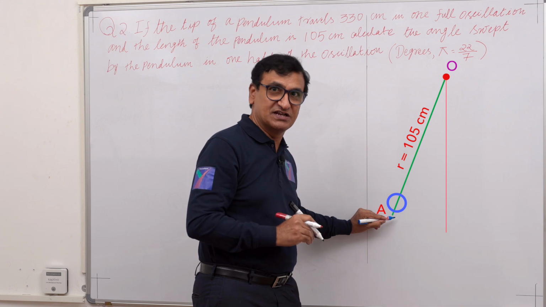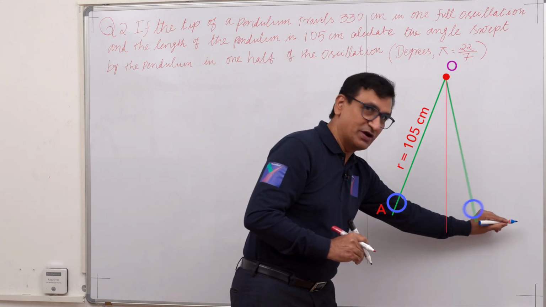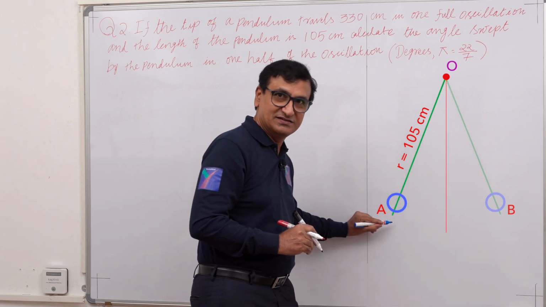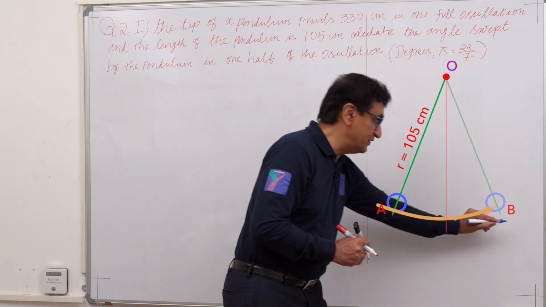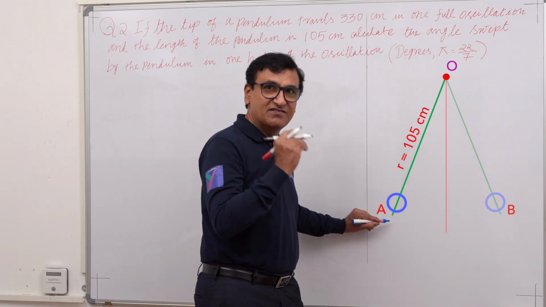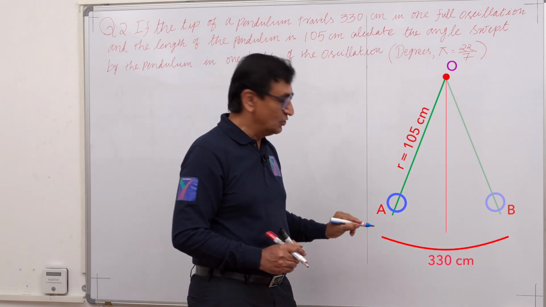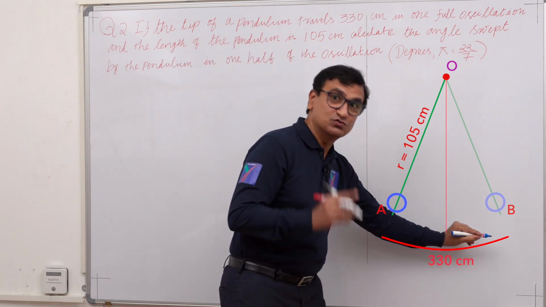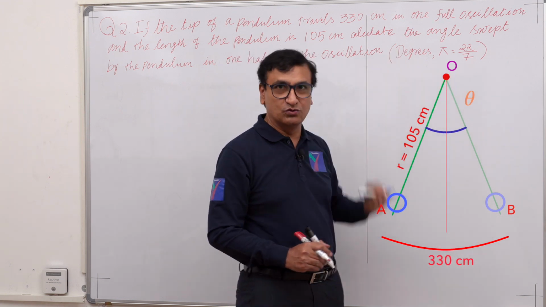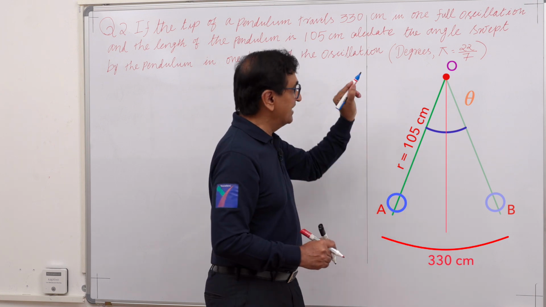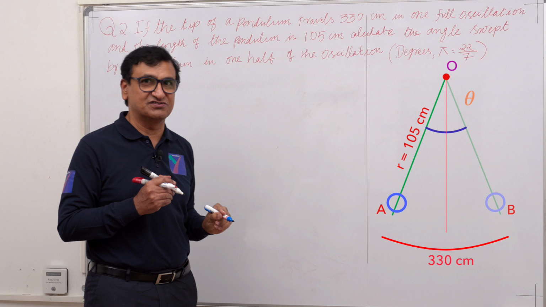And in one full oscillation, the pendulum tip starts from point A, travels to point B, and comes back to point A. And in doing so, it travels a distance of 330 centimeter. Now, while traveling from A to B, that is one half oscillation, it sweeps an angle theta at the point O. The question is, calculate theta in degrees. So that's the question which we have to answer.